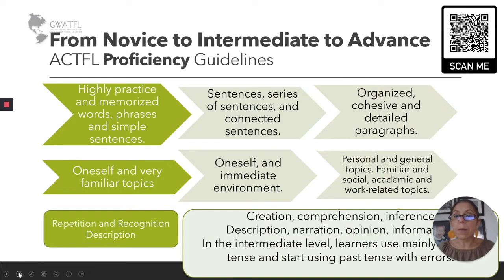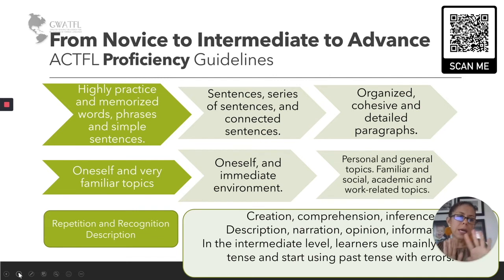This chart helped me to understand in general terms, when we're talking about novice, we're talking about words and phrases and very, very simple sentences. When we're talking about intermediate, they start creating with the language, really messy, with a lot of grammar errors, not really being consistent with those tenses.